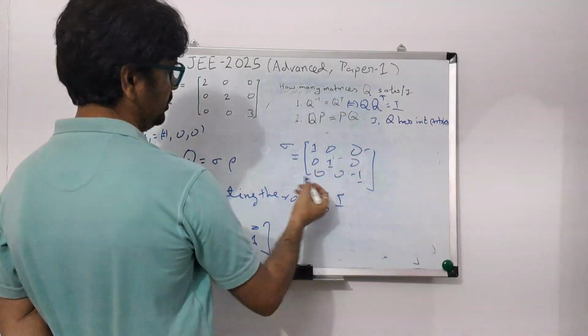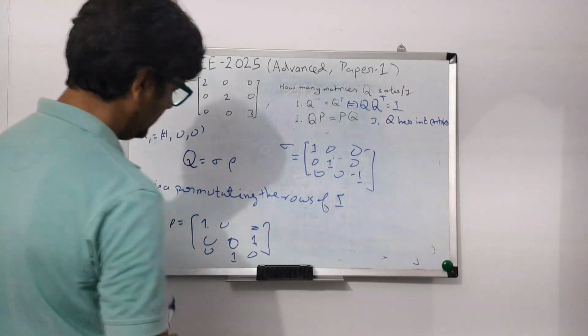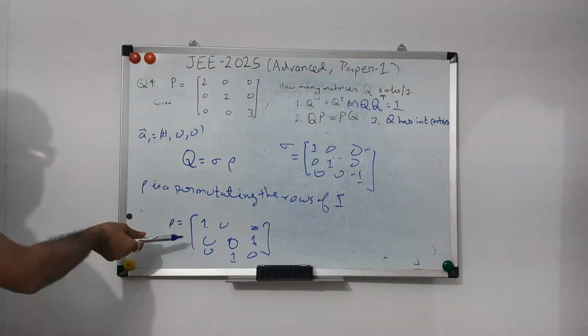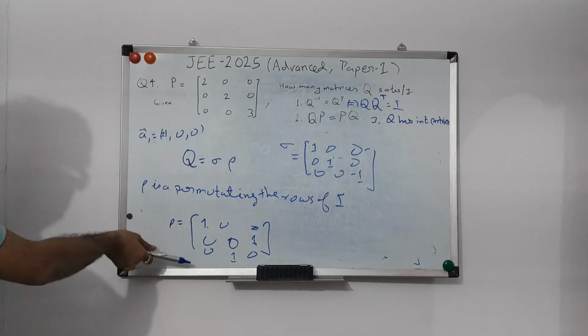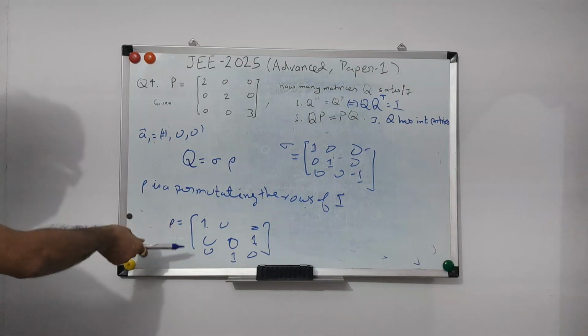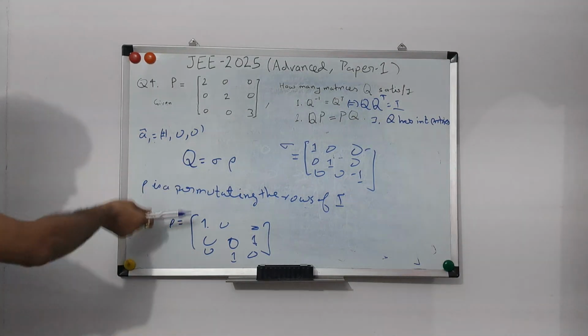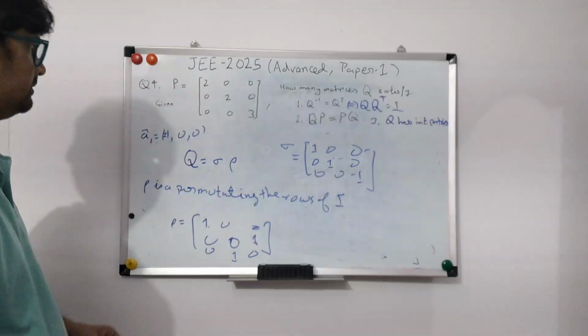So there are 8 possibilities for the sigma matrix, and there are 6 possibilities for the rho matrix, because 3 rows can be permuted in factorial 3 ways, that is 6.